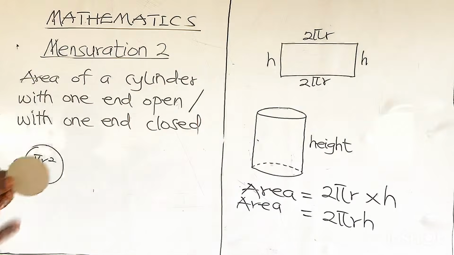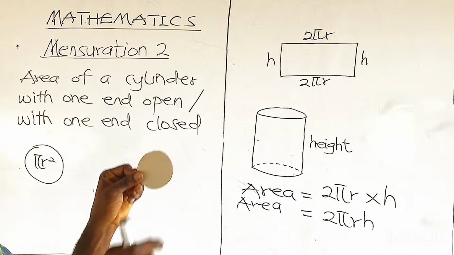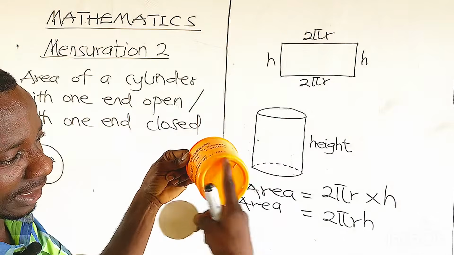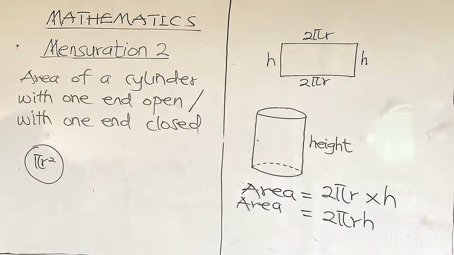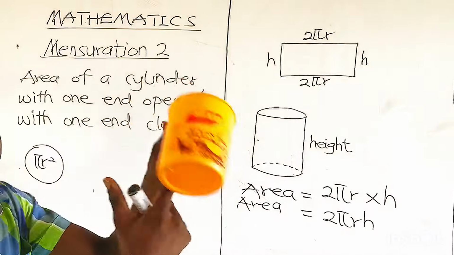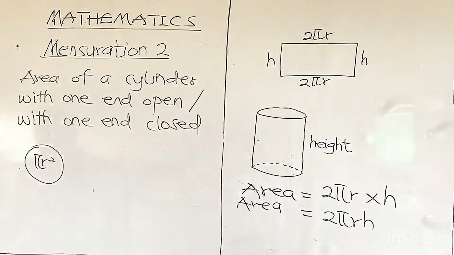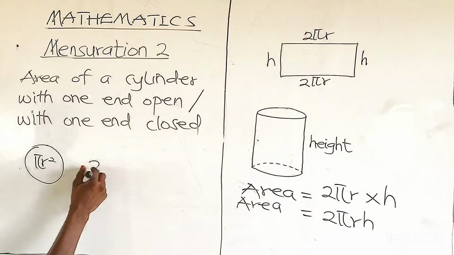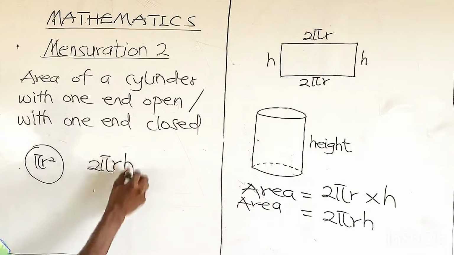So now this circular base is available from the container. Then the curved surface area is also available. And we know that the curved surface area is 2 pi r h.